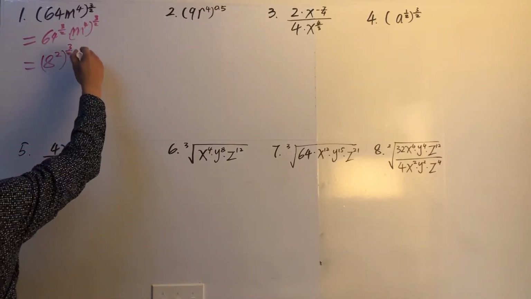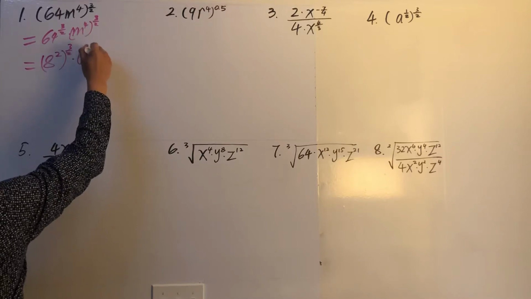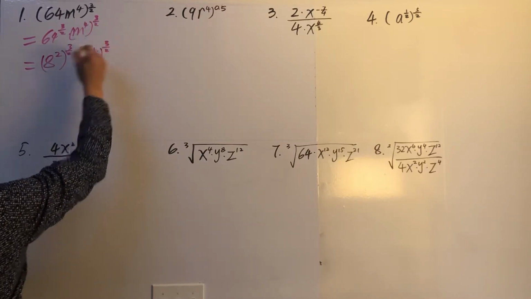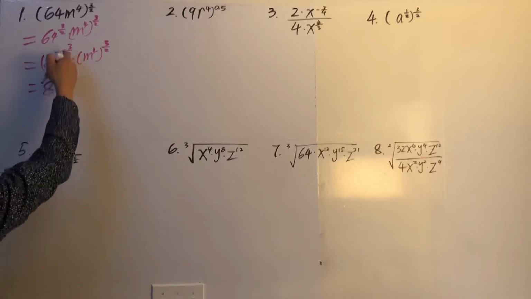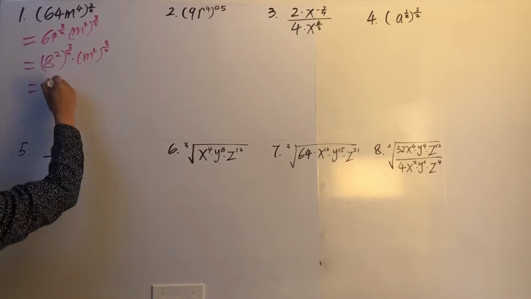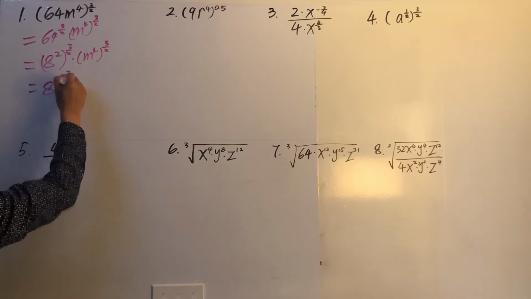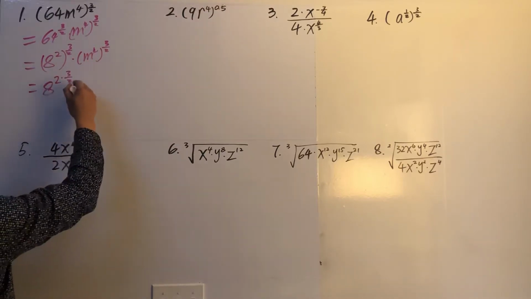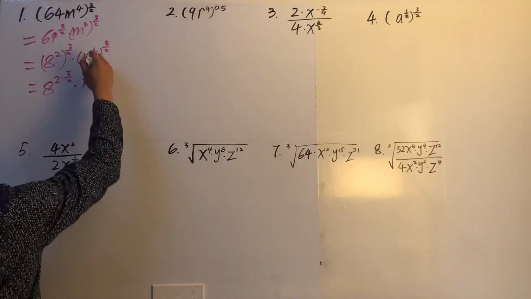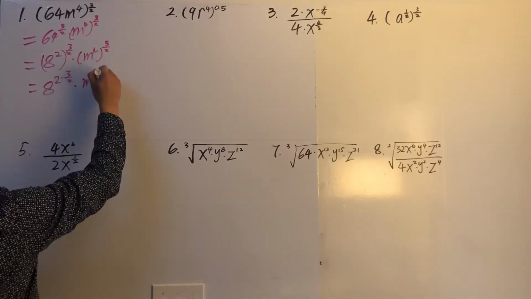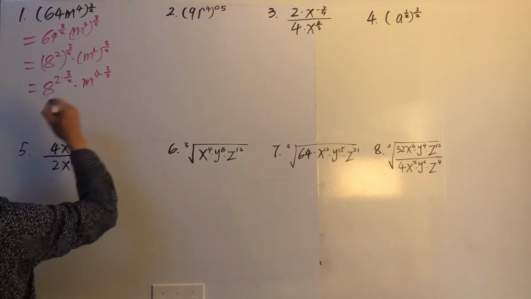And now you need to apply the power property. So the second part means you have 2 times 3 over 2 here, and then m is the base and the exponent is 4 times 3 over 2.